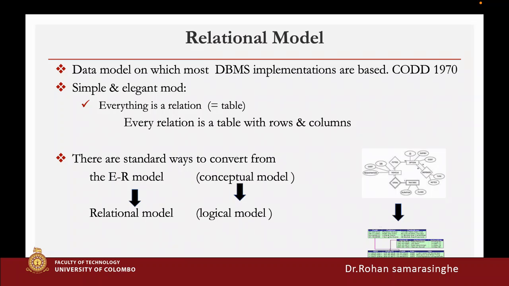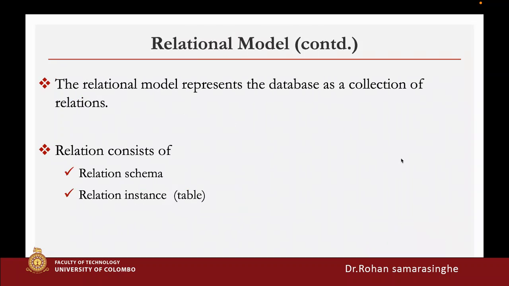For example, here you can see this picture. If you take one entity, student, with student name, date of birth, telephone number, permanent address, university degree program, and so on, those are the attributes.